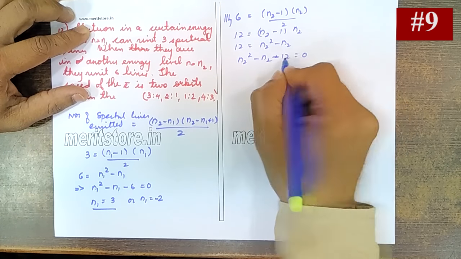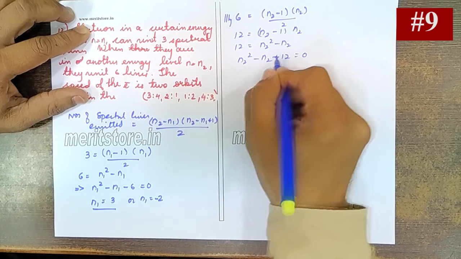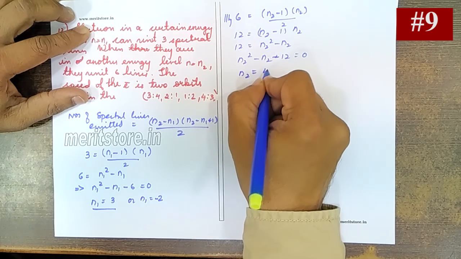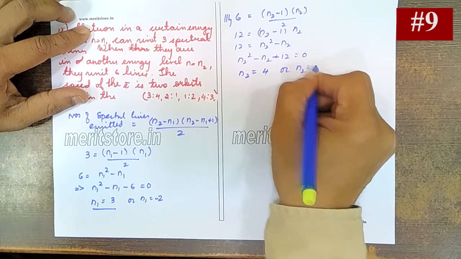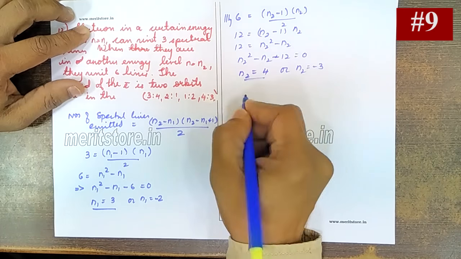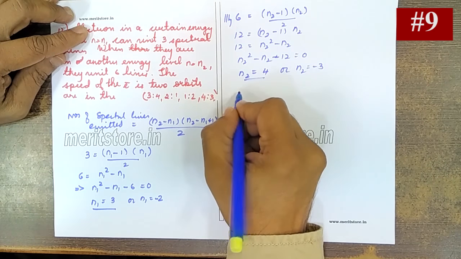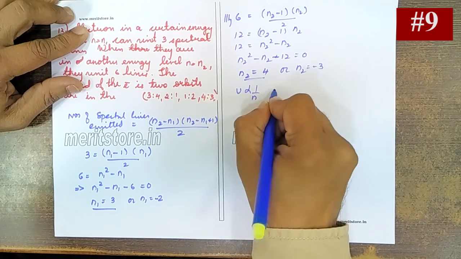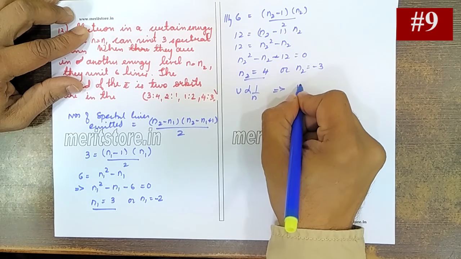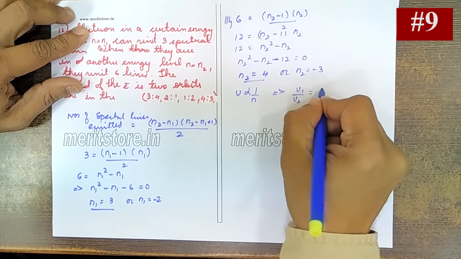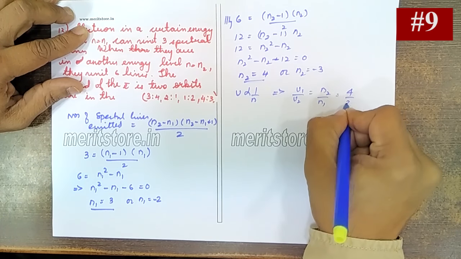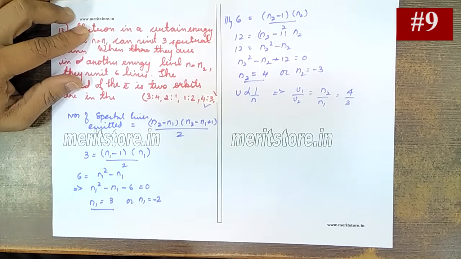So 4 3s are 12. So n2, when I solve this, I will get n2 is equal to 4 or n2 is equal to minus 3. So I take the positive value. Now velocity ratio is what they want. Now V is inversely proportional to the principal quantum number. So V1 upon V2 will be equal to n2 upon n1. So 4 by 3. So our choice is this.